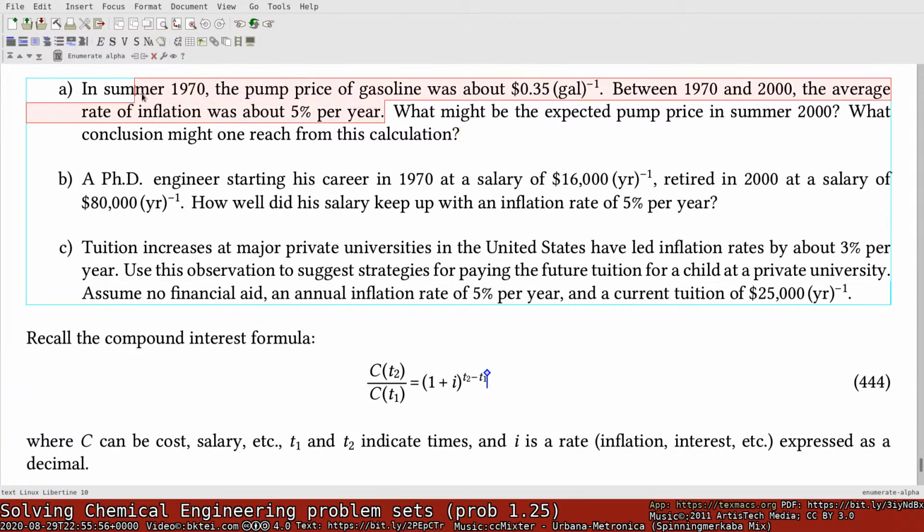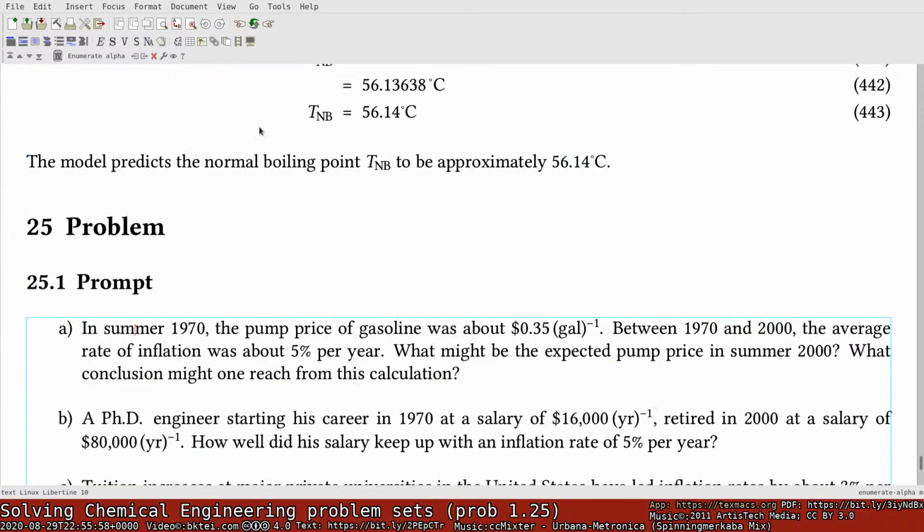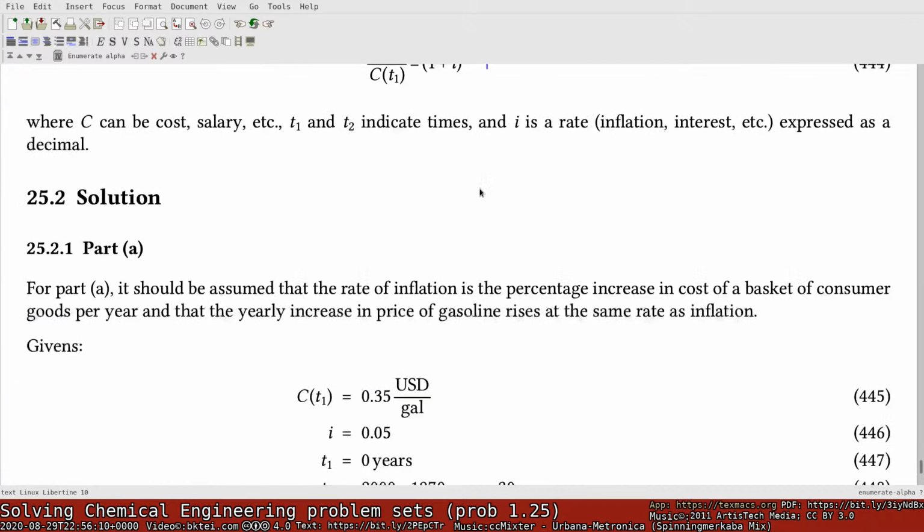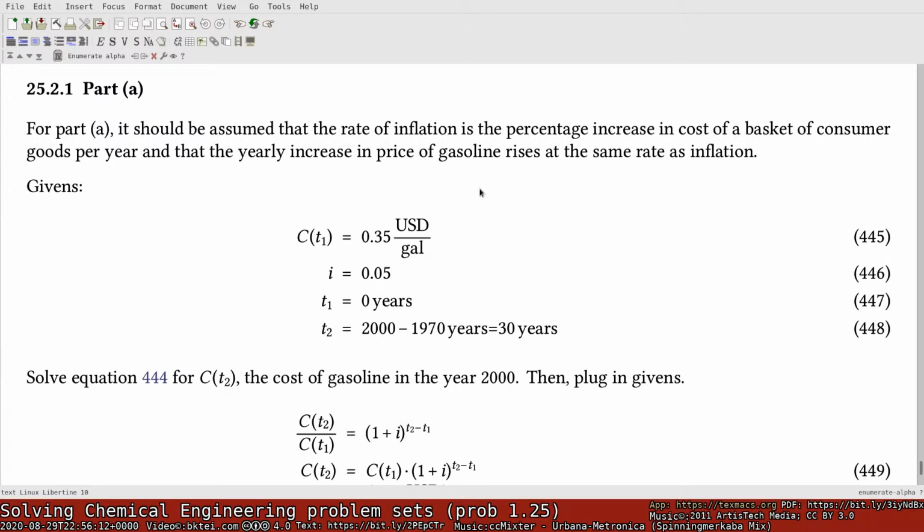Are we supposed to read between the lines? Every 30 years, the price goes up by a factor of 1.513 divided by 0.35, a factor of 4-ish? I'll just say that.